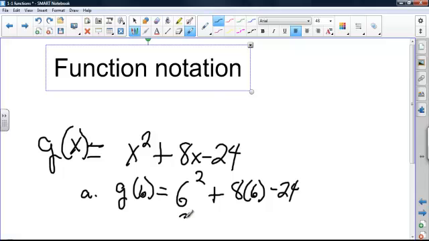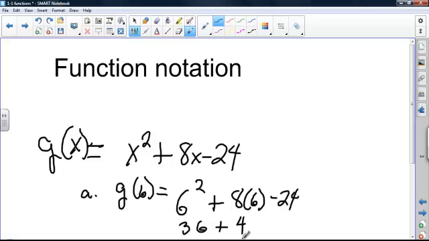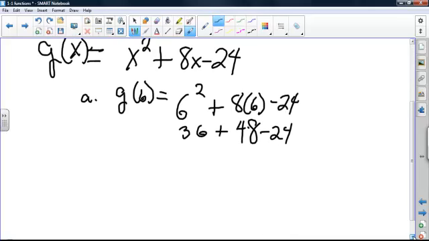So then I've got 36 plus 48 minus 24. And then we just continue to simplify this, and when we simplify it, we end up with 60. So g of 6 equals 60.